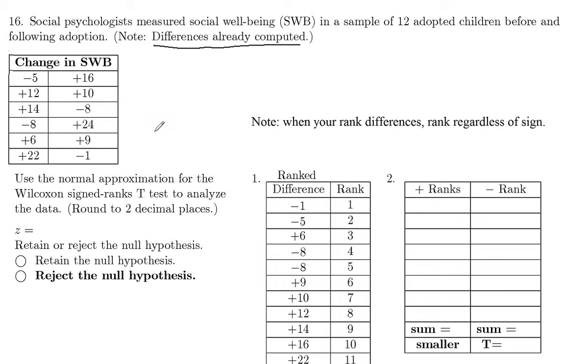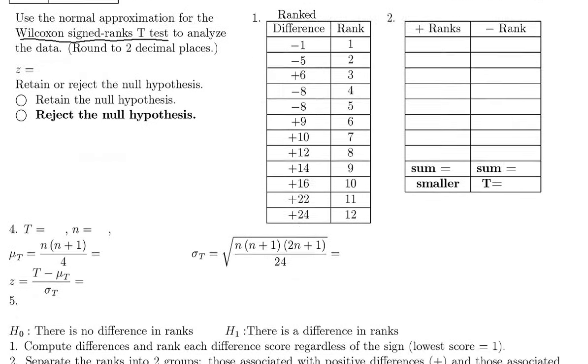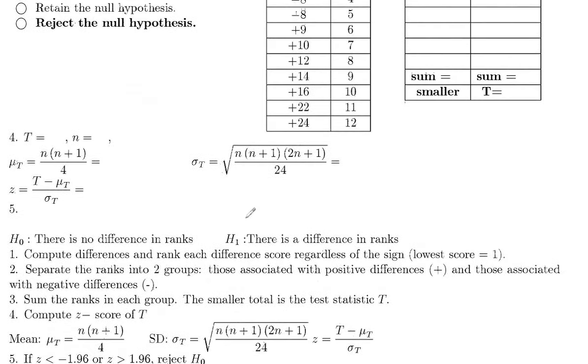So what we want to do is use the normal approximation to the Wilcoxon signed ranks t-test. To do that, we follow these steps. We compute the differences, already done. Rank each difference, regardless of sign, with the lowest difference being ranked as a 1.